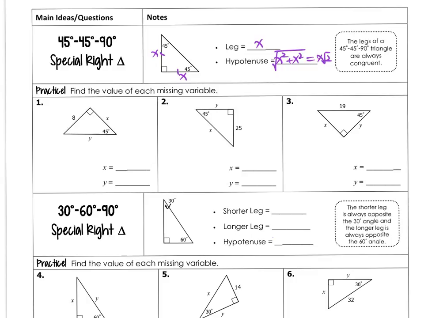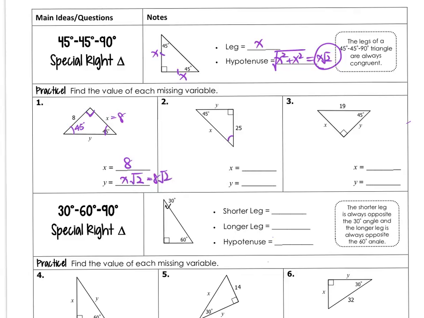Now find the value of each missing variable. If I have 45 in one and 90, I know this one has to be 45 degrees. Immediately this side, x, has to equal 8. And if x is 8, without calculating it, I can use this property to know that the other side, the hypotenuse y, is x root 2, which is 8 root 2.